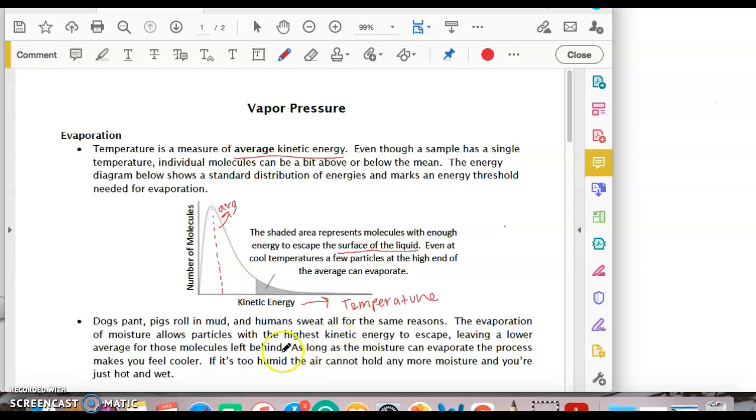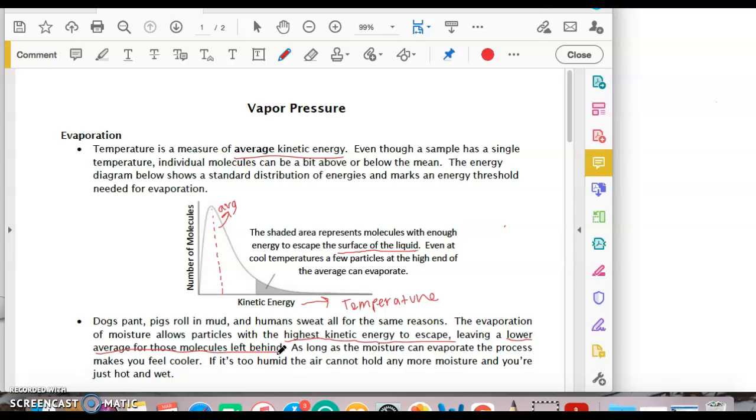As molecules with the highest kinetic energy escape, that leaves a lower average for those molecules that are left behind. And so as long as moisture can evaporate off, that's why you feel cooler, so that is why we sweat, or why pigs might roll in mud or dogs pant.